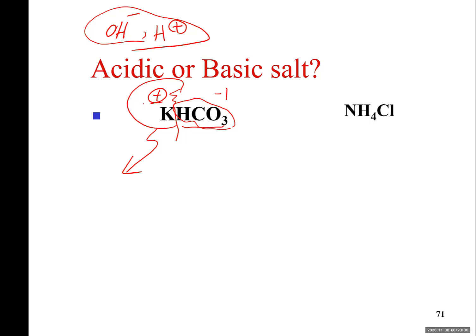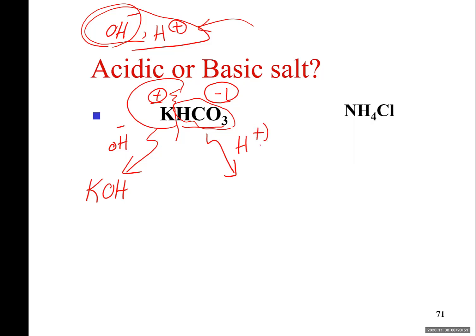So obviously with the positive, I must add the negative, right? Opposites attract. So I get KOH. So this is the base which made this salt. And then to the negative charge, I must add the opposite, which is H plus. These are components of water. And I'm going to get H2CO3.